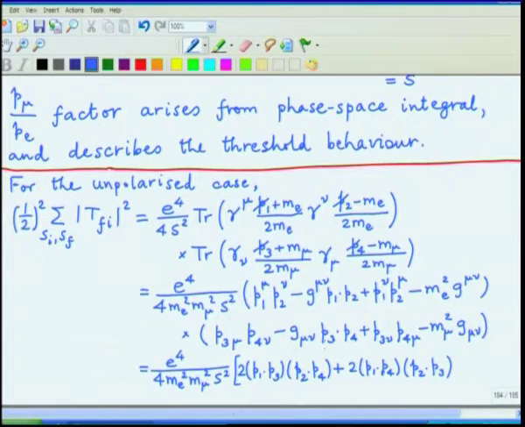So, there is a term which behaves like p1 dot p2 multiplied by p3 dot p4, and it is the plus relative sign and not a product.